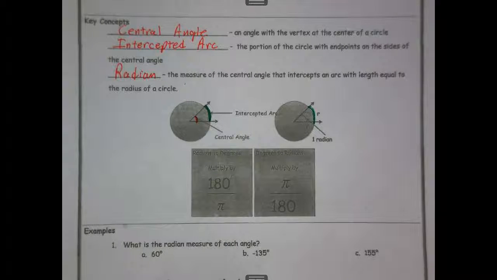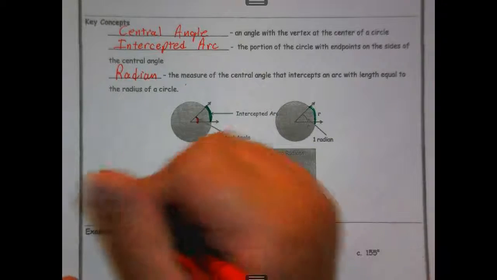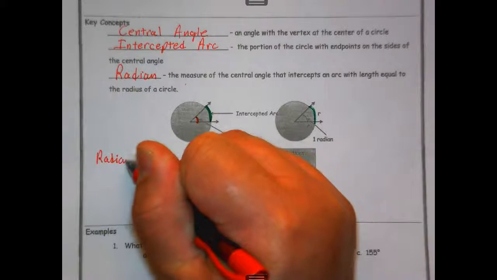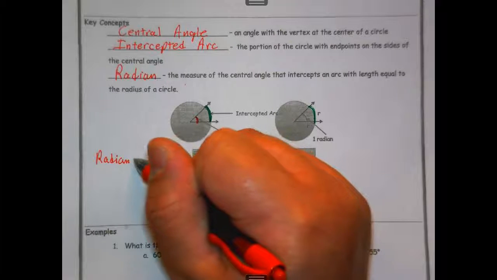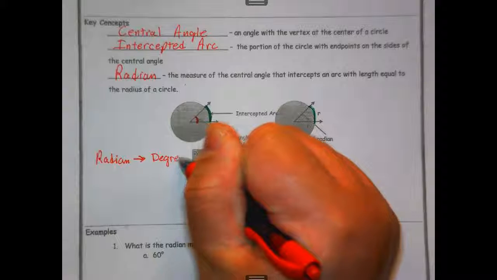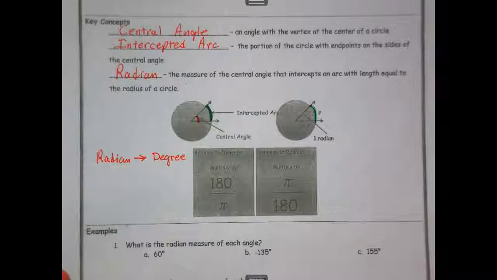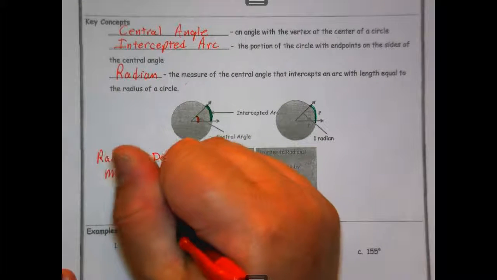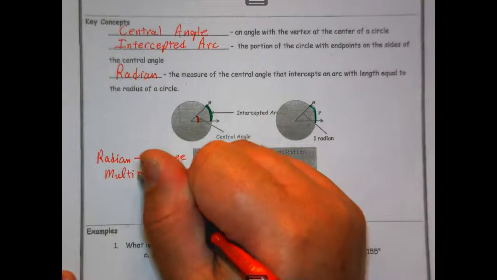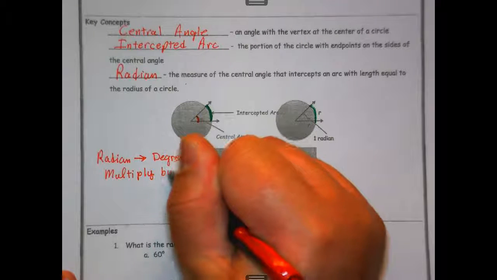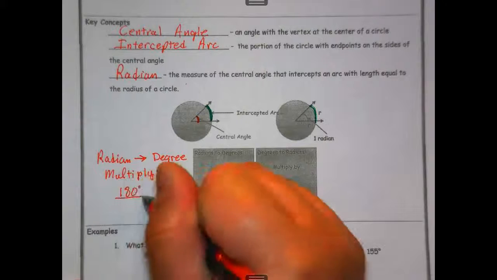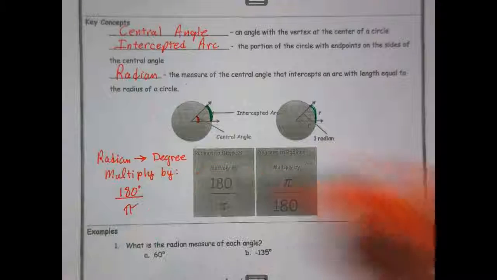So if we're in radian measure and we want to switch to degree measure, all you have to do is multiply by 180 degrees over pi.